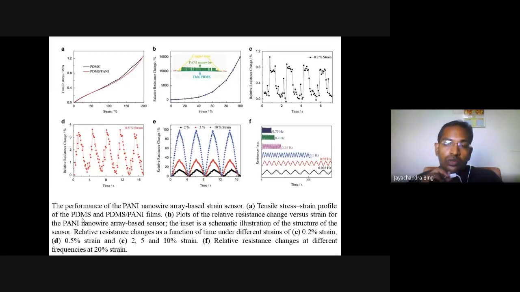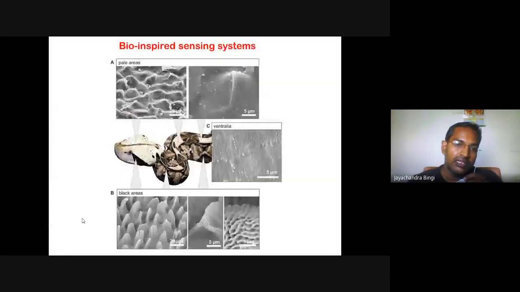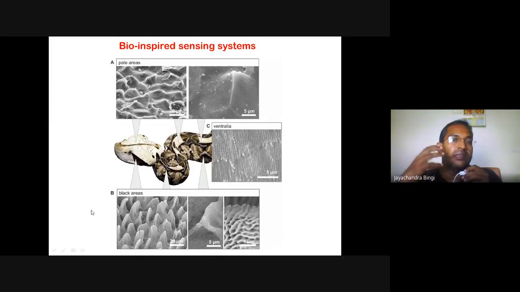So here is one beautiful concept you can catch: if the sensing system is spread across the surface, then your sensing capabilities will be very high. And one more thing you need to catch from this: it is a spread sensing system, and at the same time, look at this. This is exhibiting different colors.